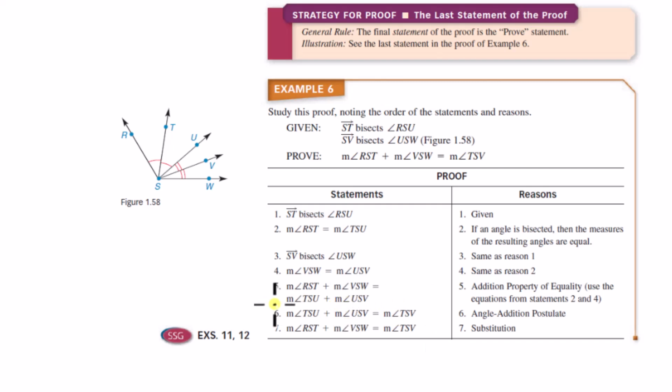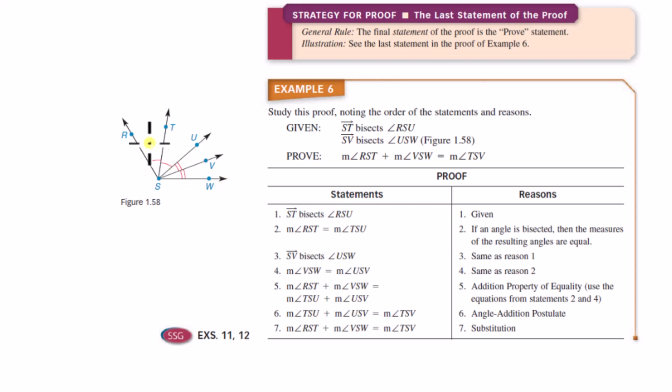Then they use the angle addition postulate because we've got adjacent angles. Again, we could prove this informally, and it wouldn't be hard at all. But you can see how they go through these rigorous proofs. We're not going to spend too much time understanding exactly how they do this.